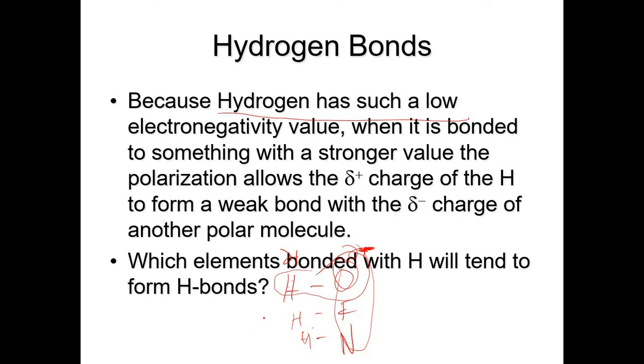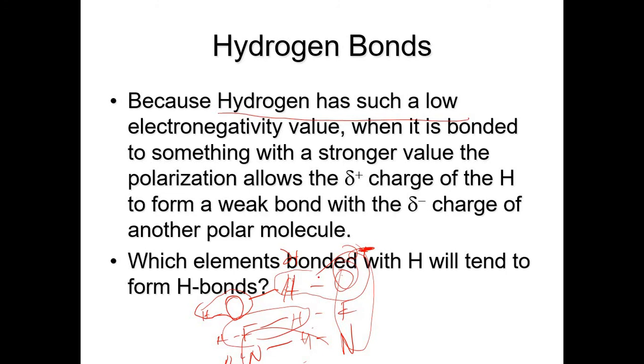So ang hydrogen bonds class, they will form kung ang hydrogen nga nakabond sa oxygen or sa fluorine or sa nitrogen will interact with the oxygen nga nakabond pud og hydrogen. So kanang another nga polar. So this is what we call a hydrogen bond.